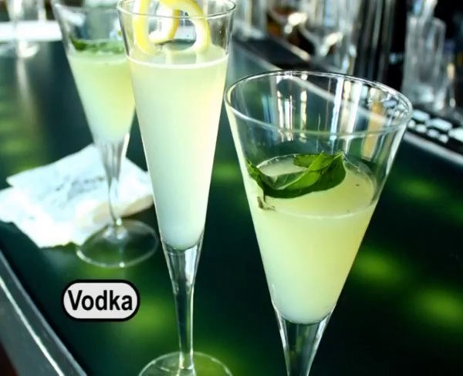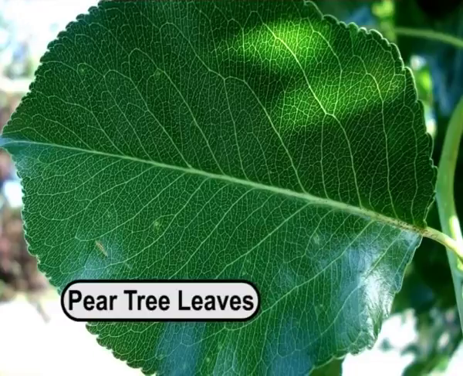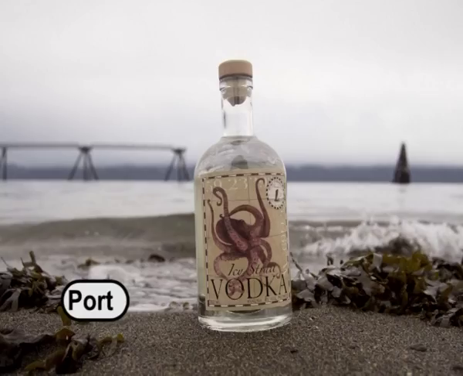Amongst the flavored vodkas are ones infused with pepper, a Polish product in which buffalo grass is steeped in the spirit, and a Russian variant in which the vodka is treated with apple and pear tree leaves, brandy and port.